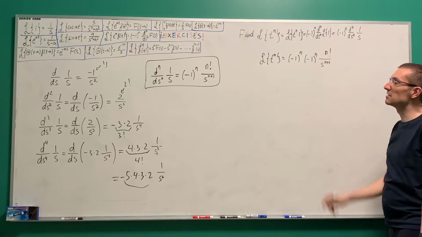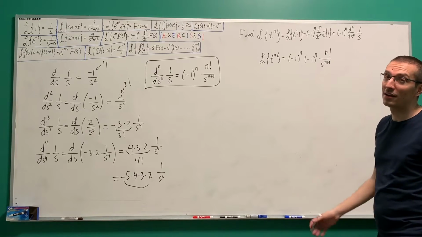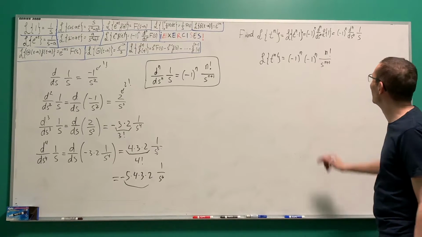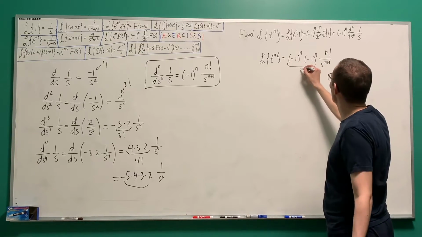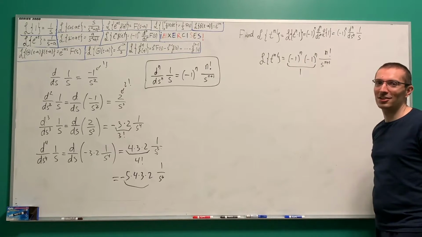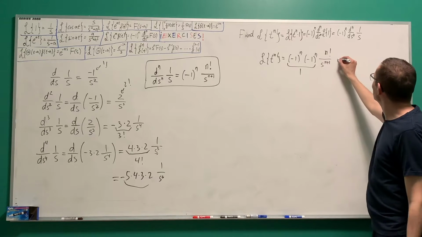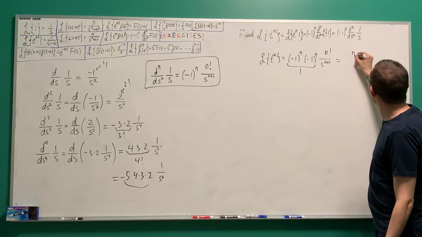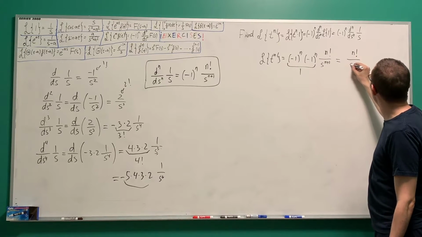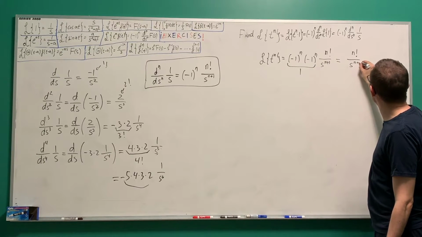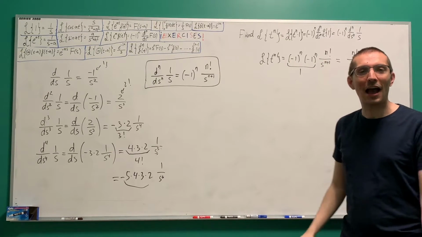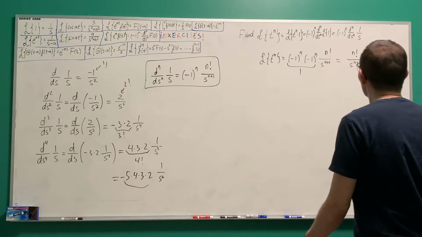Minus 1 to the n times minus 1 to the n is minus 1 to the 2n, which is 1. When n is even, it's 1 times 1. When n is odd, it's minus 1 times minus 1. So it's just a 1. So this thing is actually n factorial divided by s to the n plus 1. How nice! So we found it.